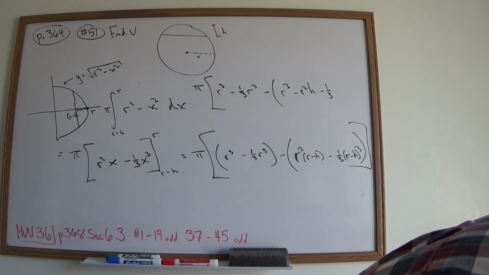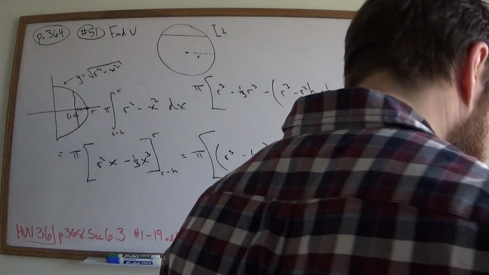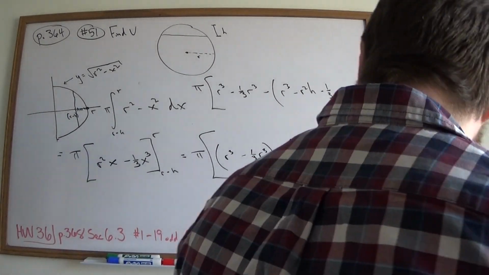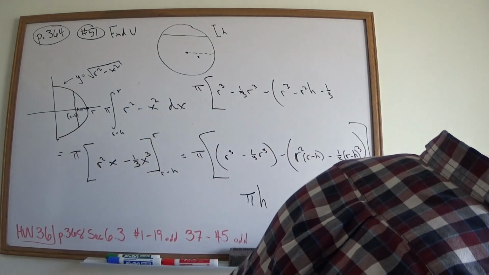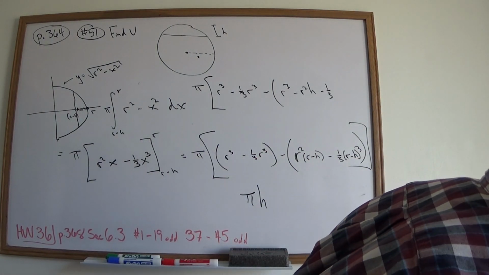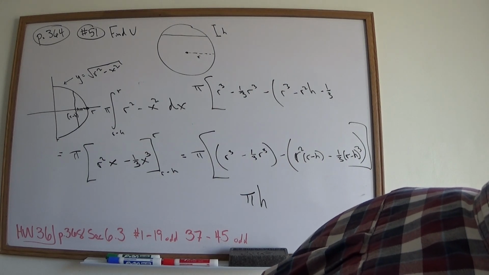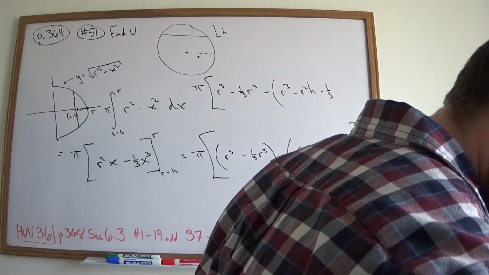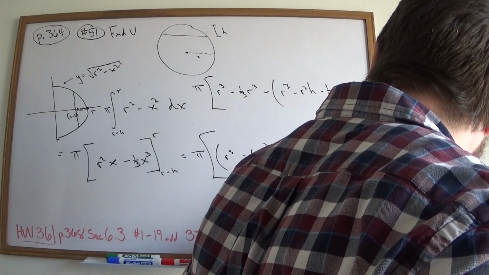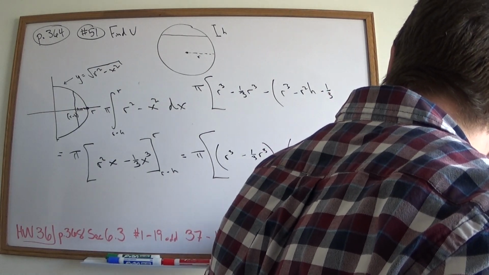I'm sorry. Yeah. Pi. Why did I just lose this? Where's 51? h squared. R minus 1/3 h.